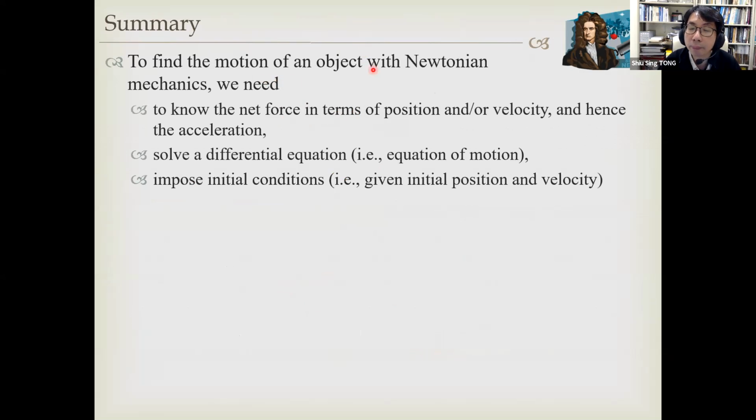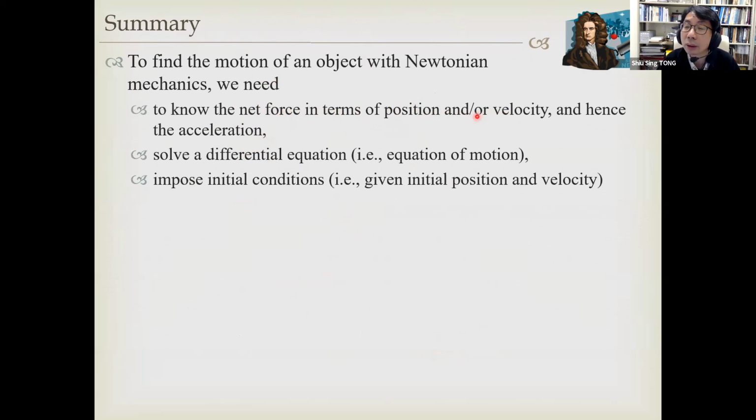So that is the idea of Newtonian mechanics. You first know the net force, and also, of course, the acceleration. But the net force or the acceleration is given as a function of position and velocity.